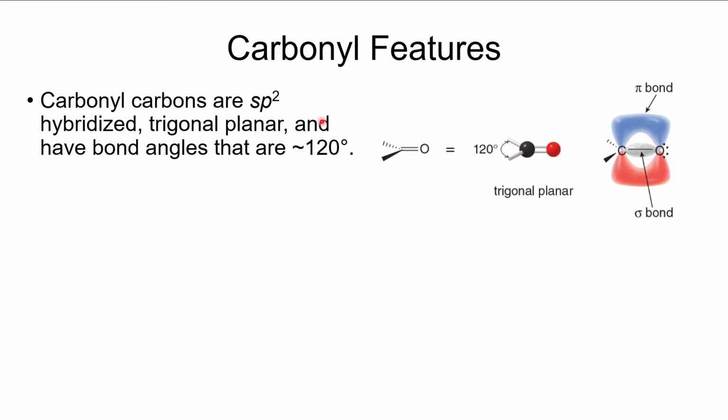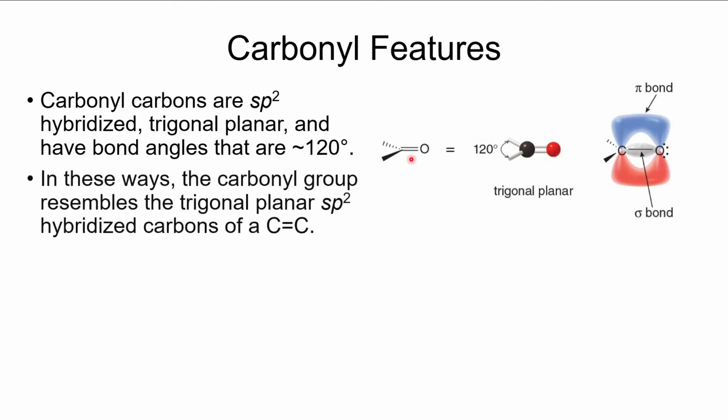And it's a double bond, so there's a sigma bond going to the oxygen, and there is also a pi bond going between the carbon and the oxygen. So in these ways, the carbon on a carbonyl resembles the carbon on a carbon-carbon double bond.